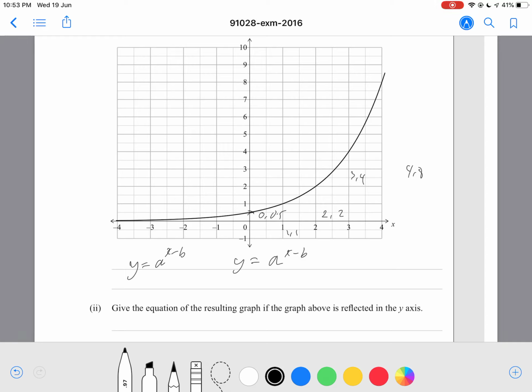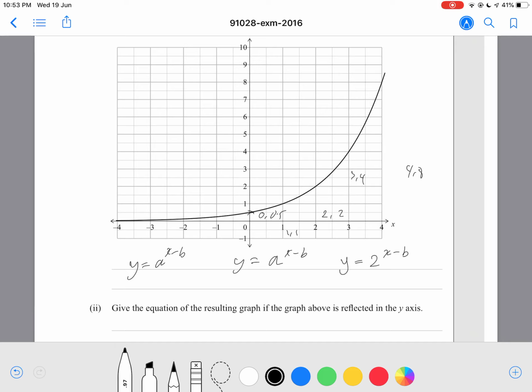Because it doubles, we can assume that our base is 2. So for example, 2 to the power of 1 is 2, 2 to the power of 2 is 4, that's double of 2, 2 to the power of 3 is 8, 8 is double of 4, 2 to the power of 4 is 16, 16 is double of 8. So we know that our a value is 2. So y equals 2 to the power of x minus b.